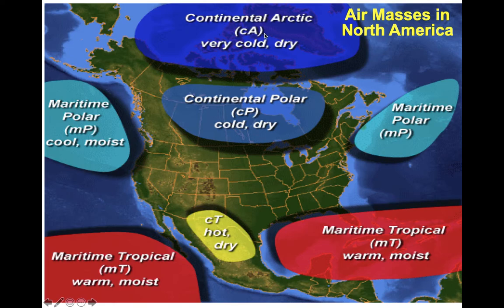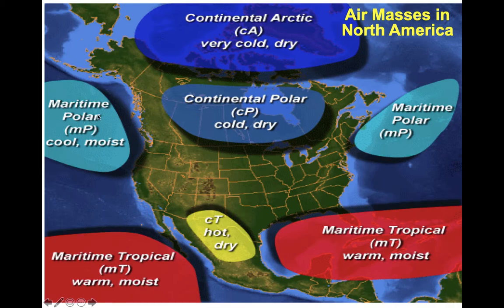So we have the continental Arctic air mass originating and usually sitting near the North Pole, very cold, very dry, and the continental polar air mass shifted to the south a little bit, over the Hudson Bay and getting close to the Great Lakes. And this is also a very cold and dry air mass.